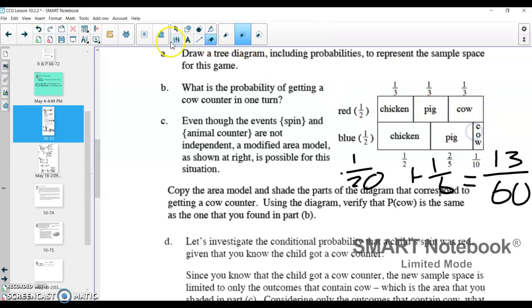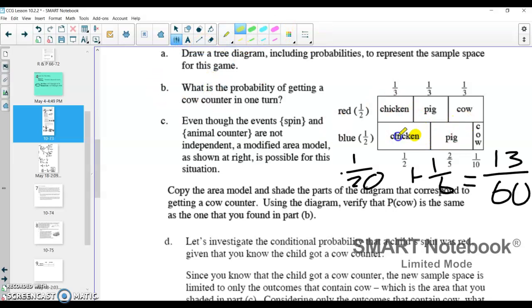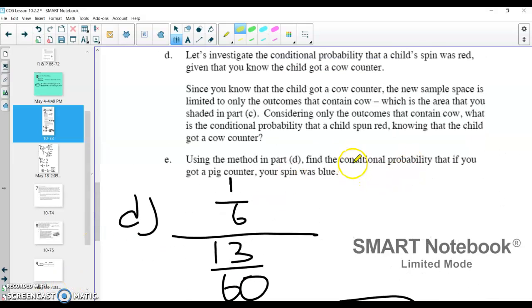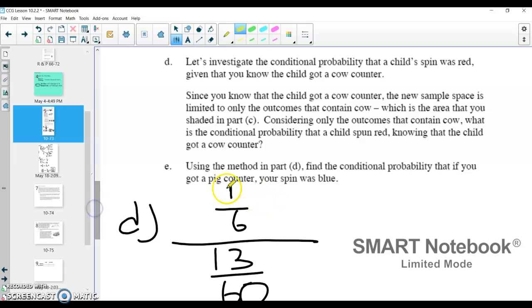Sorry, I think I misread this, so I'm going back. I think it's actually saying you know you got a pig, so we want to figure out what the chance was that the spin was blue.